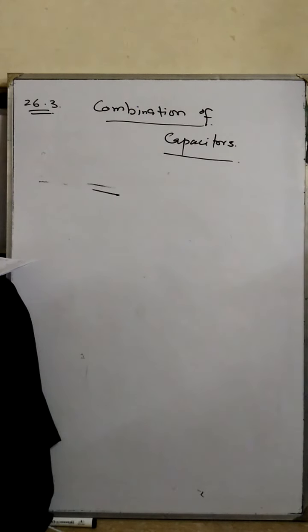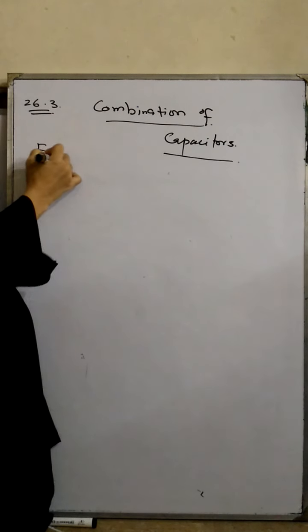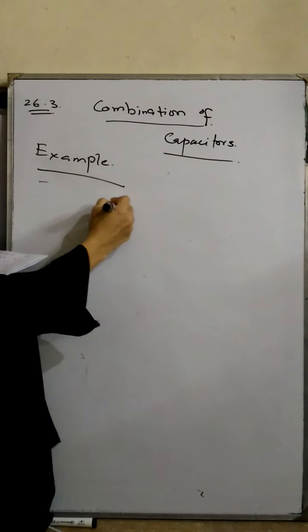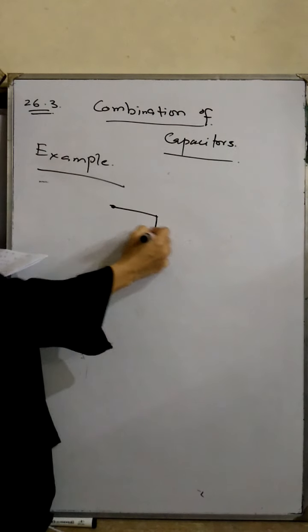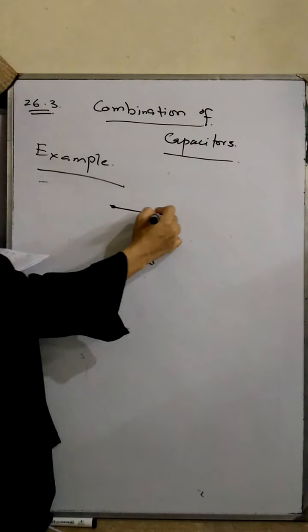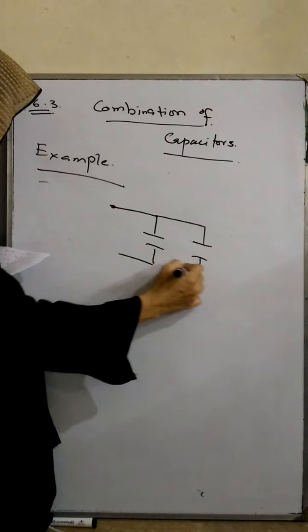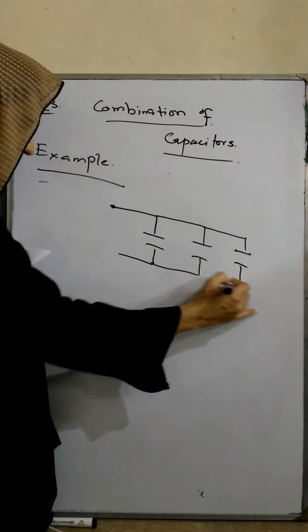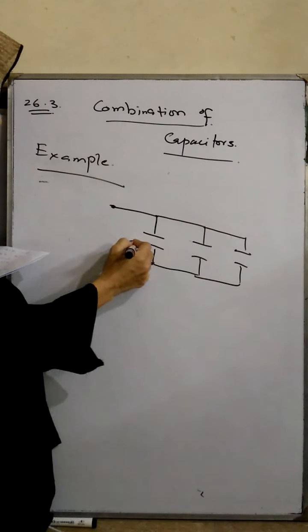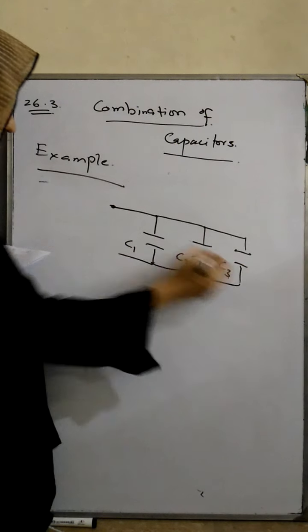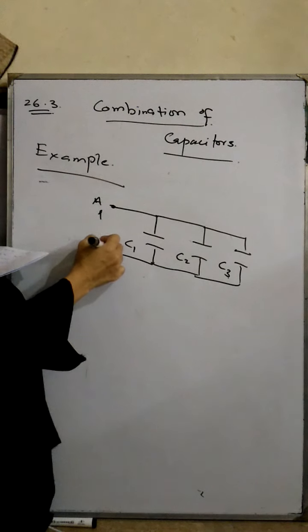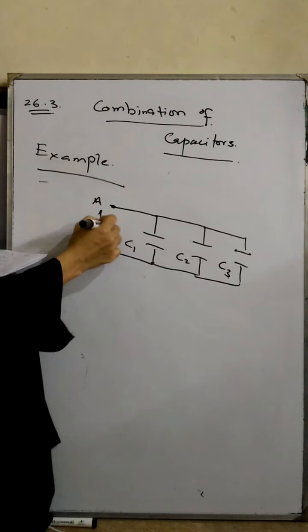So example is, suppose I have capacitor 1 and capacitor 2 and capacitor 3 in a circuit, C1, C2, C3. This is terminal A and B, and it has 12 volts.